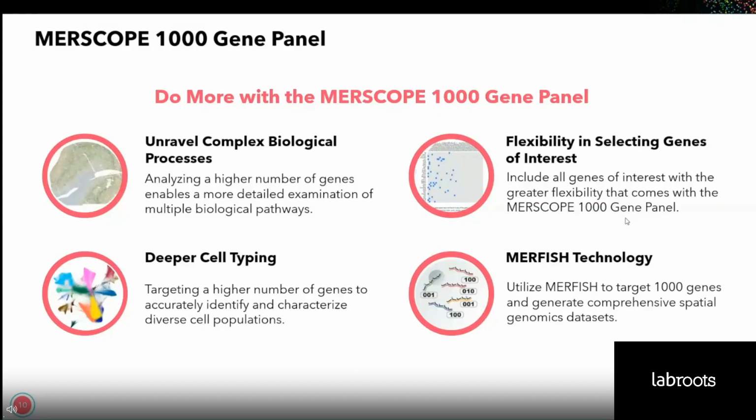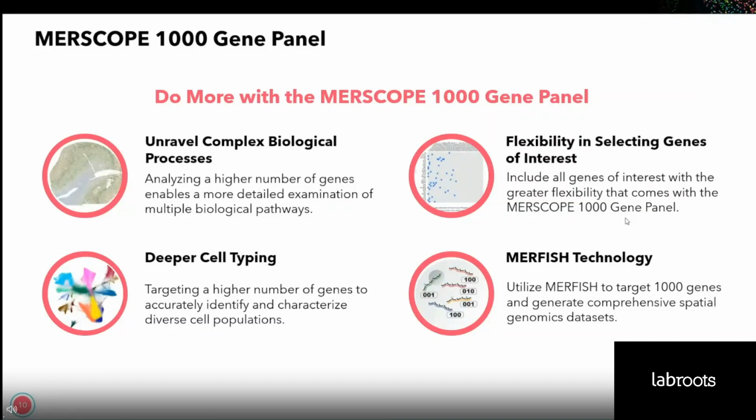And really this all comes together to give you added flexibility as a user to design what you want to do with this solution. This added flexibility gives you the power to answer tough biological questions, all within a single MERFISH experiment.